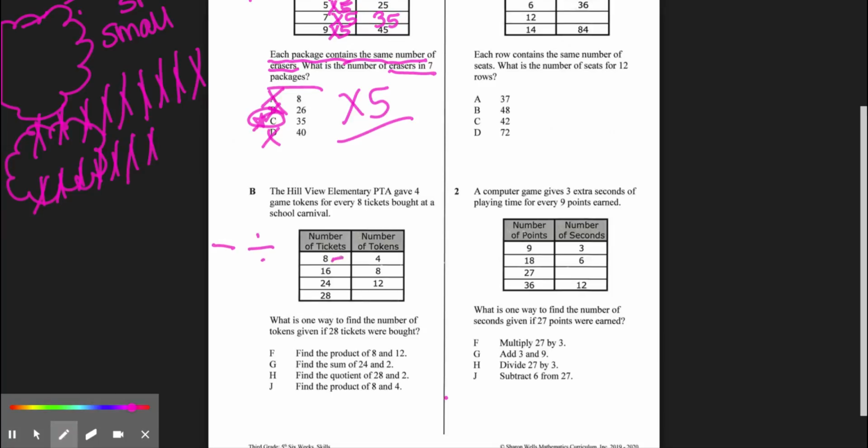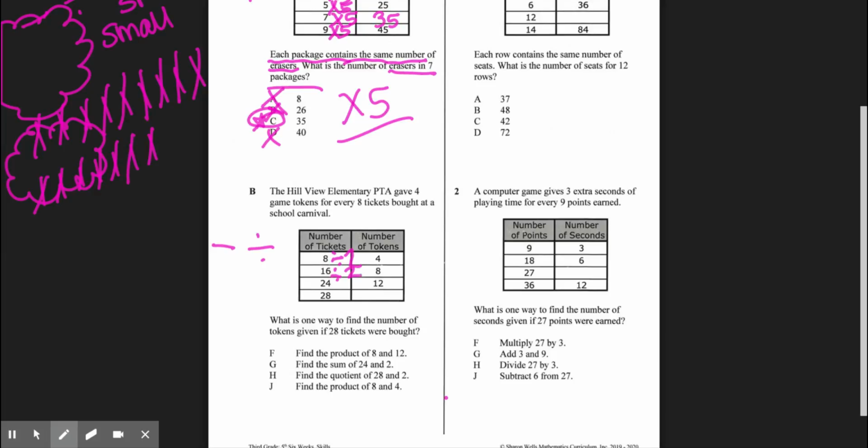So now let's try division. What would we have to divide 8 by to give us 4? Well, if we split 8 in half, that's going to leave us 4. So that's like dividing by 2. So 8 divided by 2 gives us 4. So let's see if that works for 16. 16 divided by 2.